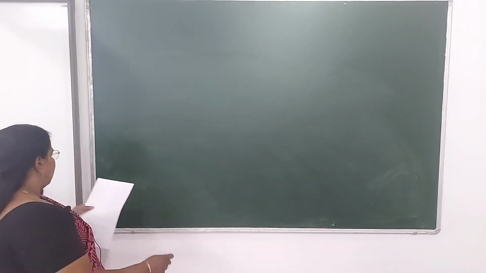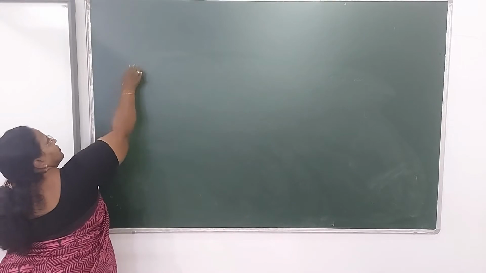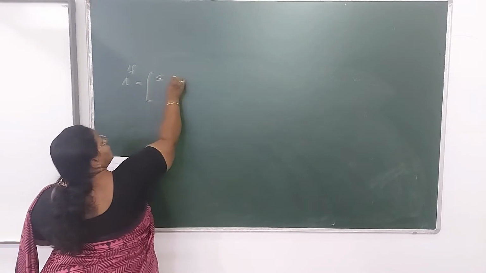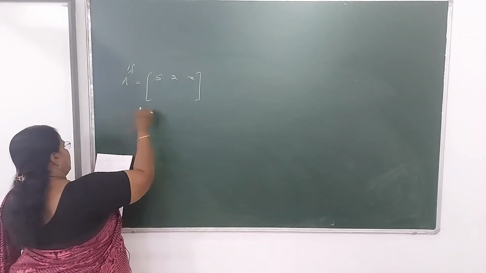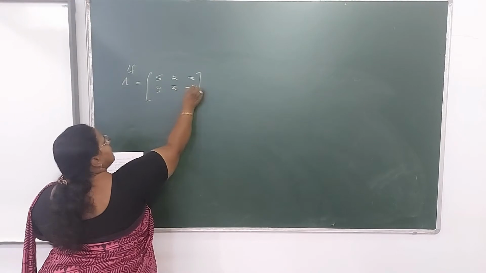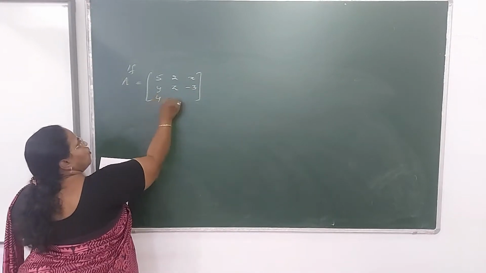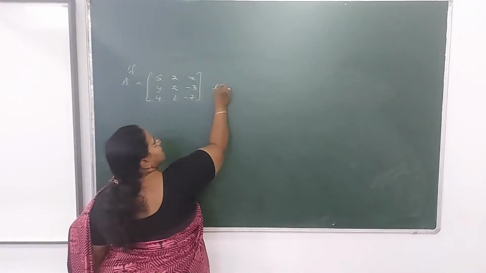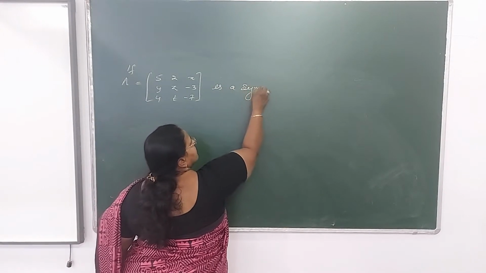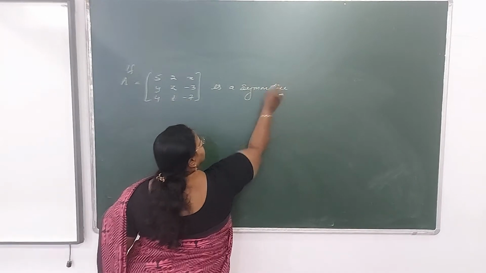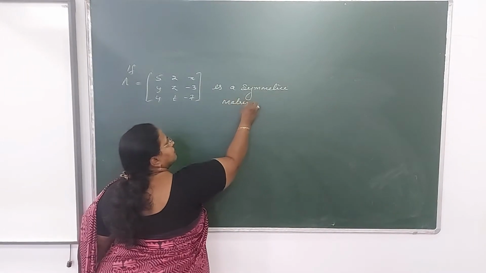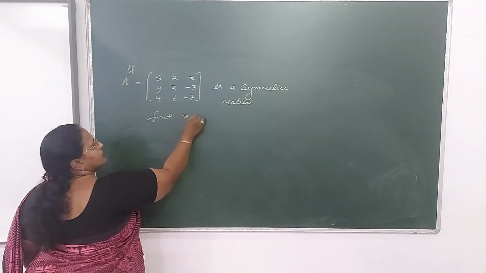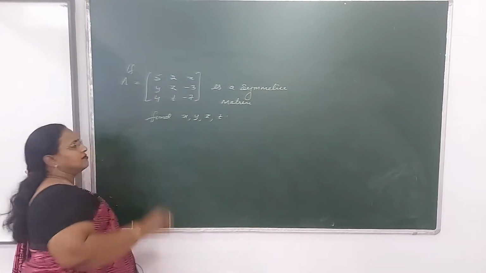If the matrix A is equal to 5, 2, x; y, z, minus 3; 4, t, minus 7 is a symmetric matrix, the question is to find the value of x, y, z, t.